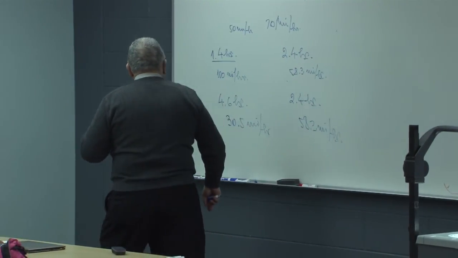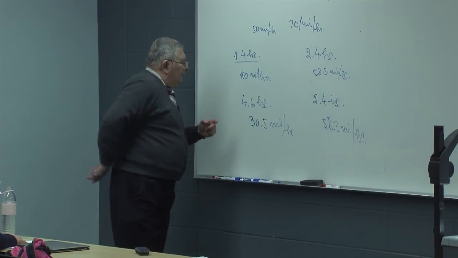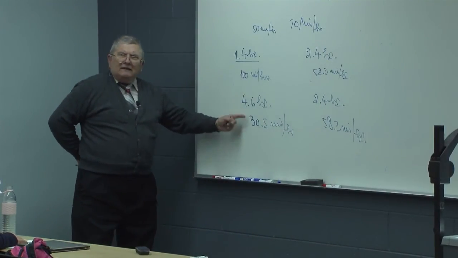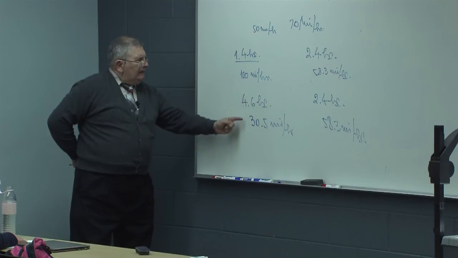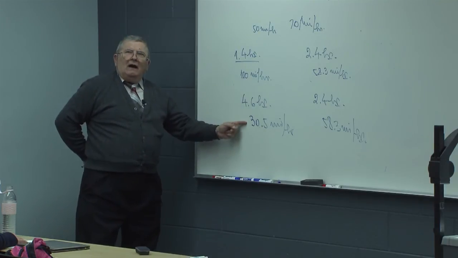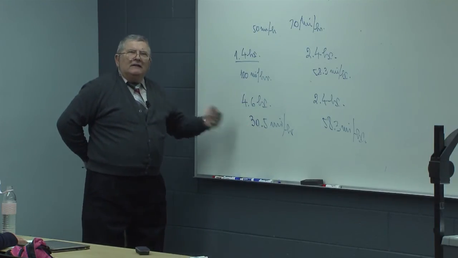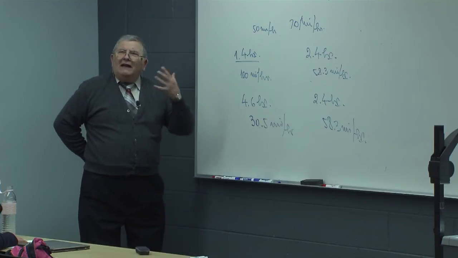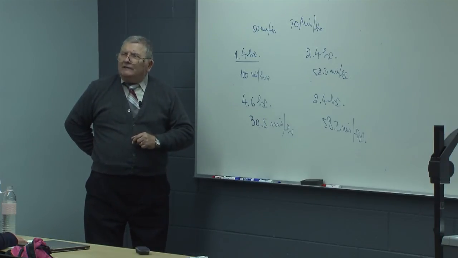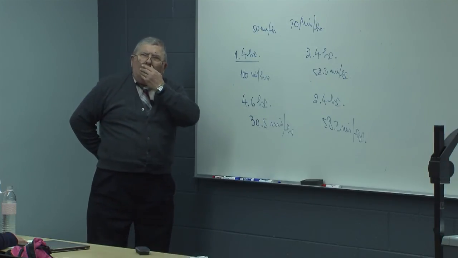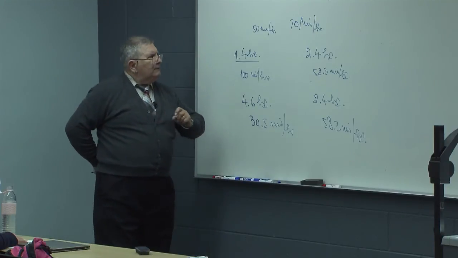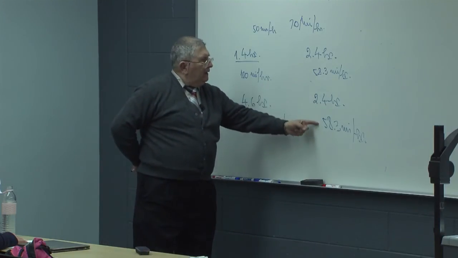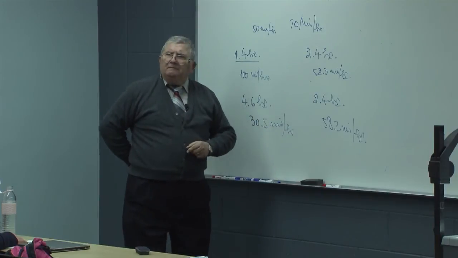If we average the 2 speeds, here is 100, here is 30, 130 divided by 2 is more than 65 miles per hour. Do you see? More than 65 miles per hour, while here is the same 58.3.